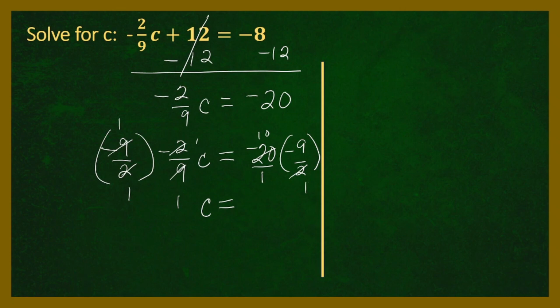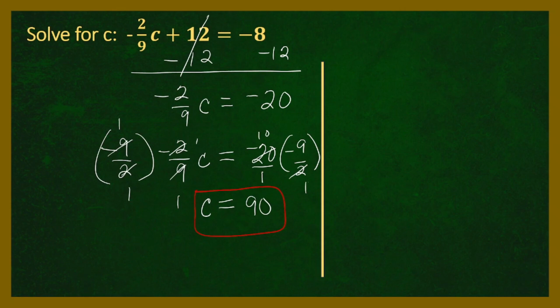Now we can multiply our numerators. 10 times 9 is 90. That's a negative 10 and a negative 9, so a negative times a negative is positive. So for our answer, we have c is equal to 90. Now we're getting ready to check our answer.